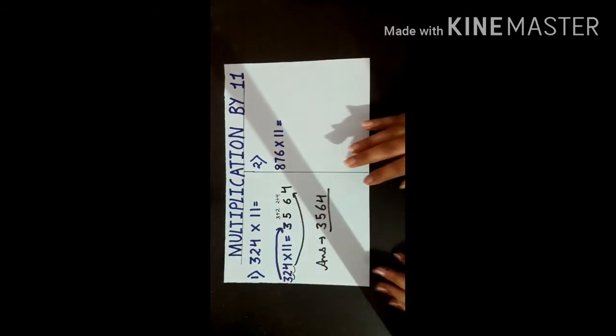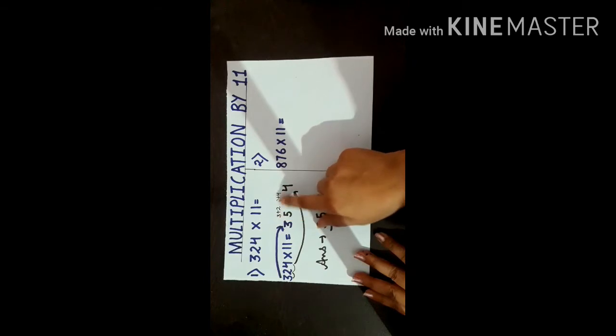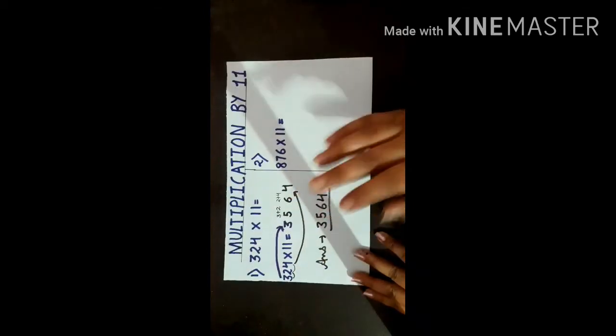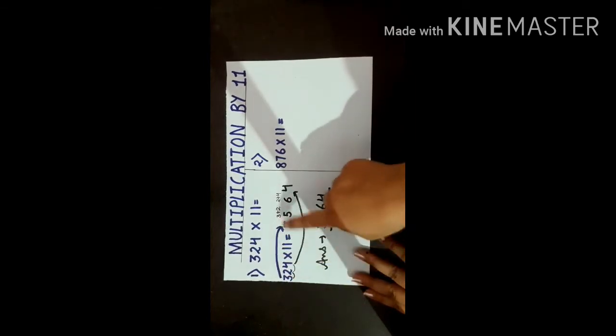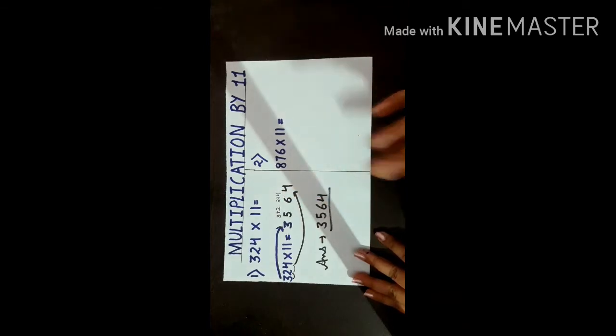Whenever you do your sums, 3-4 sums you can do like this by making arrows and by writing all these above. But after 3-4 sums, you have to do your questions orally. Orally means you just have to do all these calculations in your mind and you just have to write the answer directly.